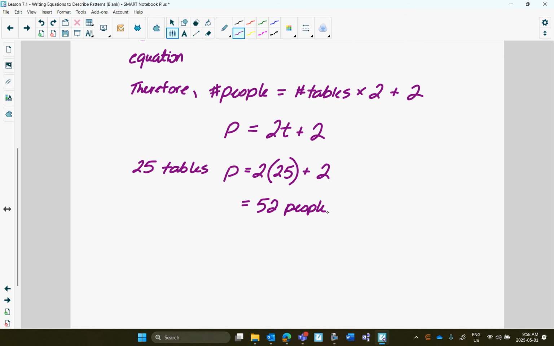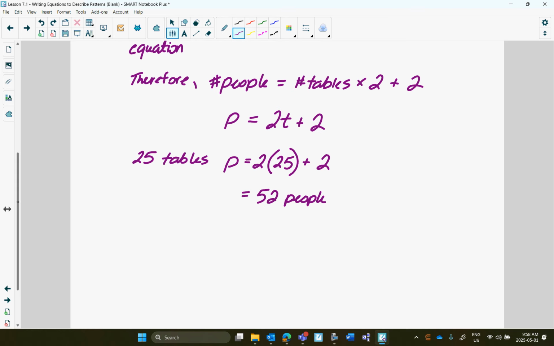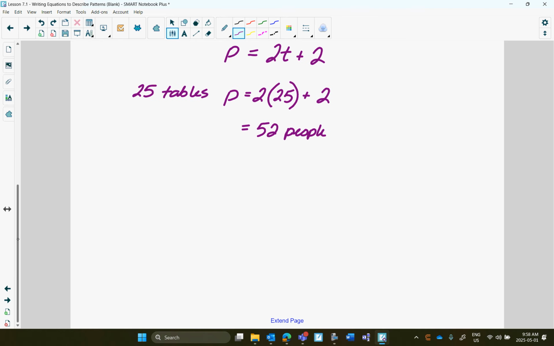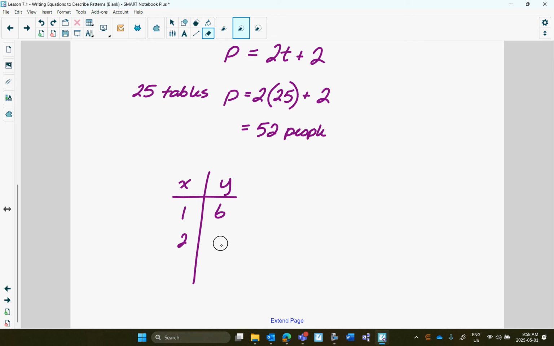You don't have to write these down, but before we move on, can you tell me the equation?